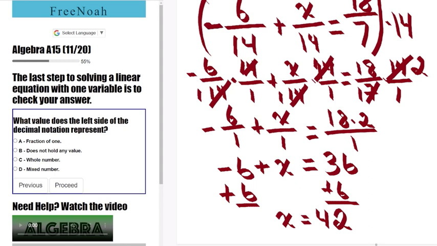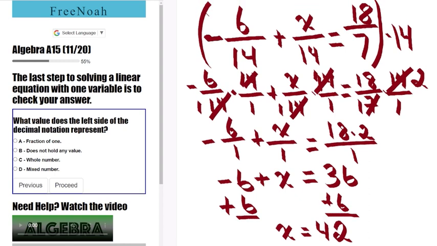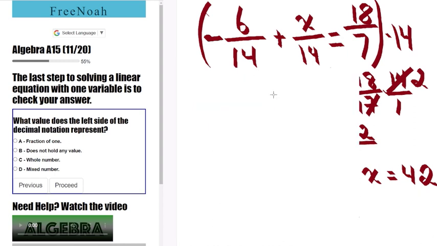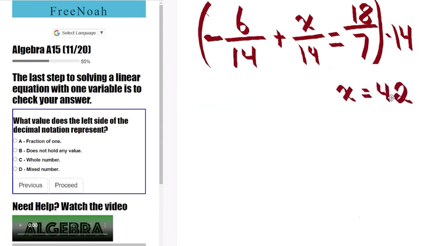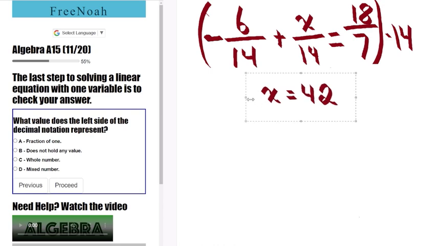Let's clean this up here a little bit and approach step 5 by inputting x into the original equation, and x equals 42. So let's place 42 in the original equation.